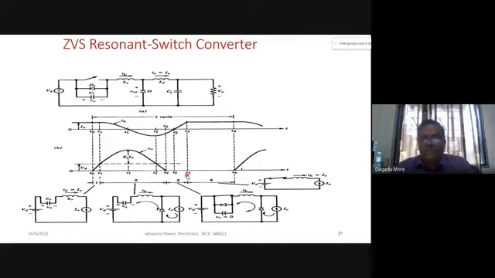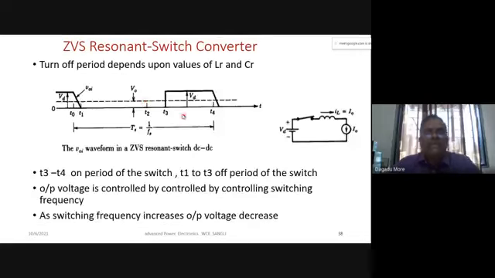During the T3 to T4 period, the diode is off, and we have shown the voltage across the diode here. So T3 to T4 is the on period of the switch, whereas T1 to T3, or T0 to T3, you can call the off period of the switch.